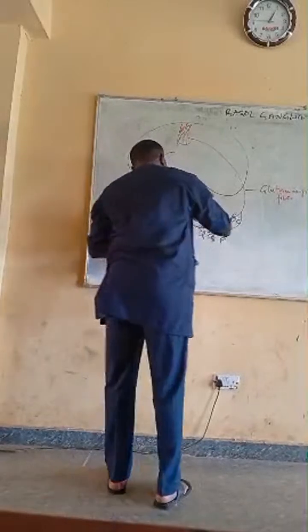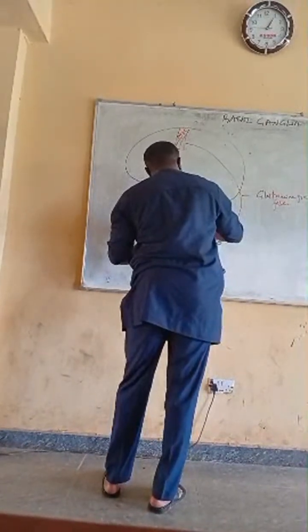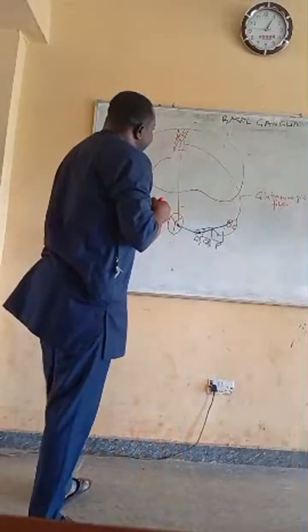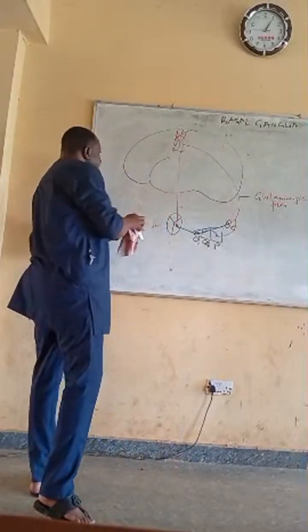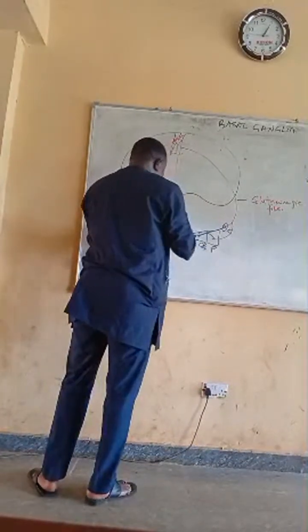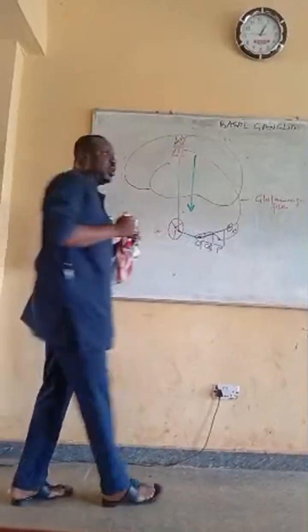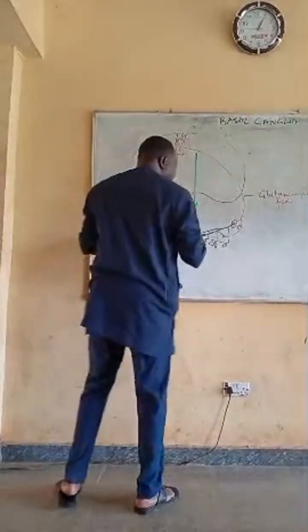To the cortex. It will turn back to the cortex. And then from the cortex, a command will now be sent to where? To the spinal cord. You get it?